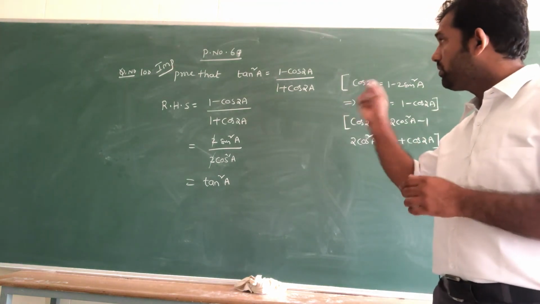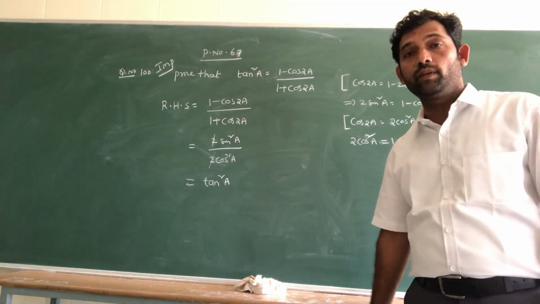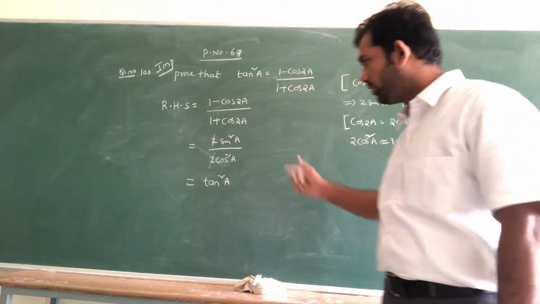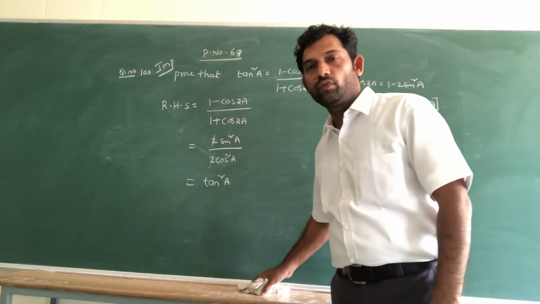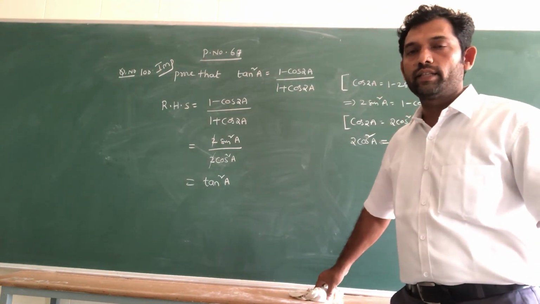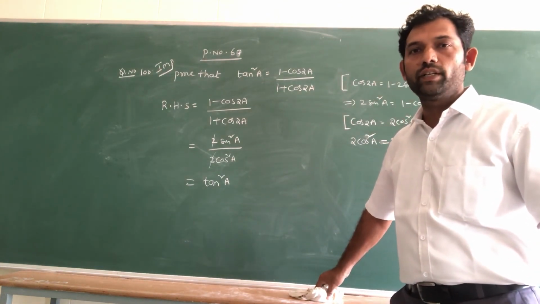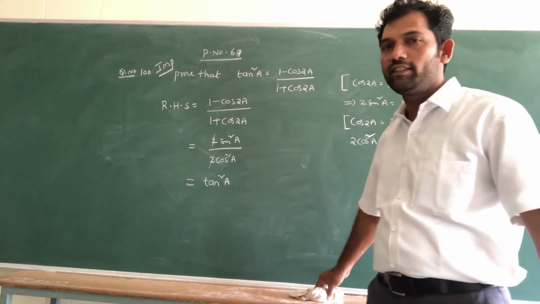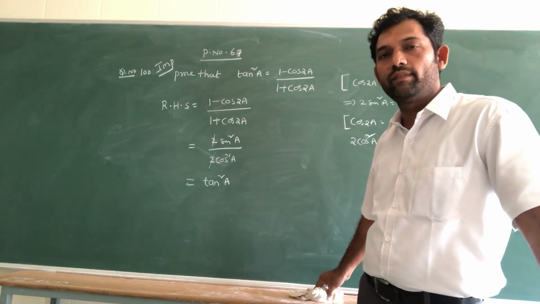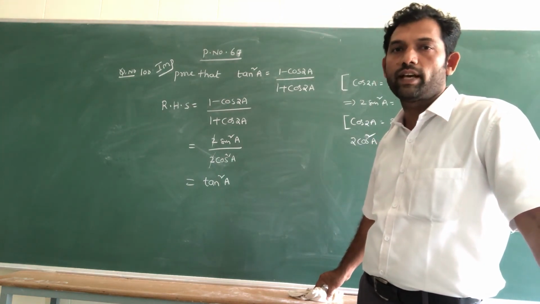Next, using these formulas we have to simplify some values also. We already simplified some values: sin 15 degrees, cos 15 degrees, tan 15 degrees. Similarly we simplified sin 75, cos 75, tan 75.